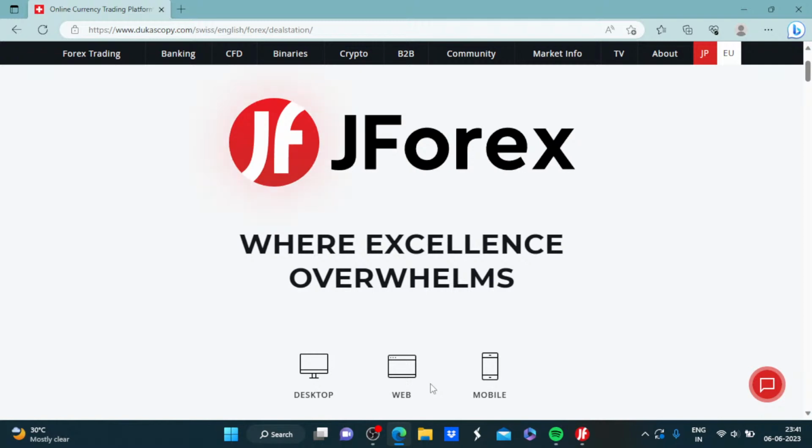In today's session of JForex Indicators Explained, we are going to continue working with the Hilbert transform series of indicators. We have seen some of the indicators, including the dominant cycle period and the Hilbert transform trend line.